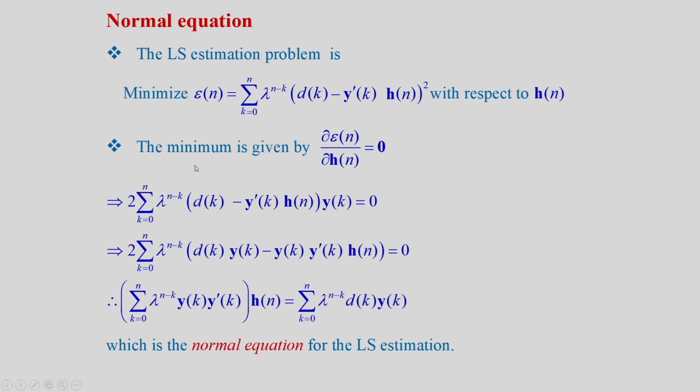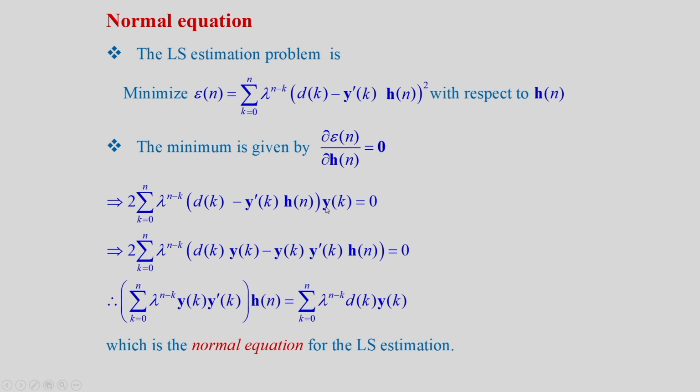Therefore, the minimum condition will be given by 2 times summation lambda to the power n minus k into dk minus yk vector transpose into Hn vector into yk, k going from 0 to n, that must be equal to 0.